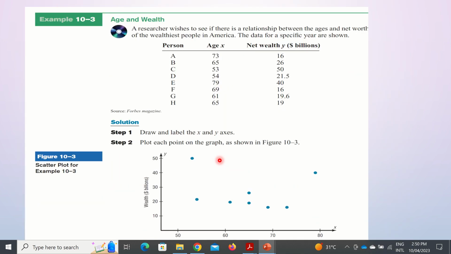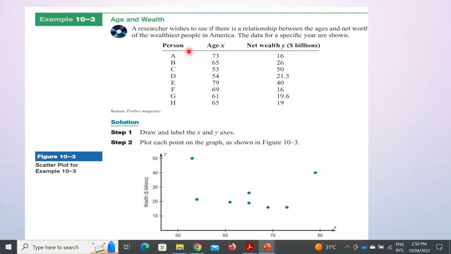And if you consider the relationship between age and wealth, the data is taken here from Forbes magazine for certain persons with their age and net wealth. So person A, whose age is 73 years, has $16 billion.